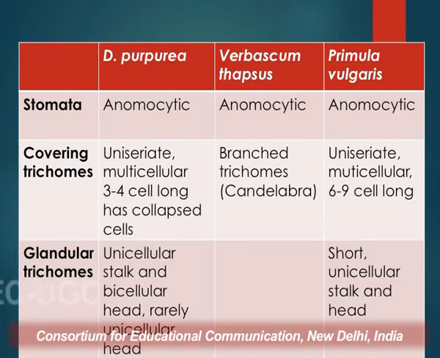In case of purpurea, we have glandular trichomes with a unicellular stalk and a bicellular head, and rarely they have a unicellular head. Whereas in case of Verbascum thapsus, these glandular trichomes are not observed, while in case of Primula vulgaris, mostly all the glandular trichomes have a unicellular stalk and a unicellular head. It means a bicellular head is completely absent in case of Primula vulgaris.